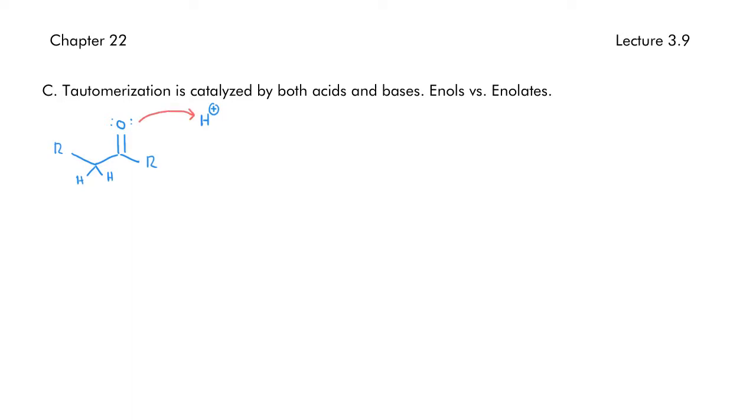So the first step in the mechanism is protonation of the carbonyl oxygen by the acid. This forms the activated carbonyl species, and in the next step, an alpha proton is lost to generate the enol.